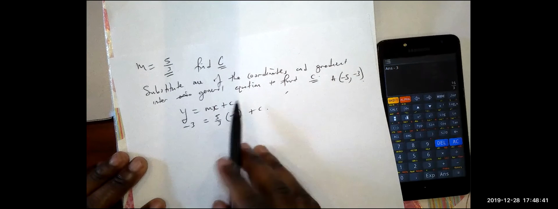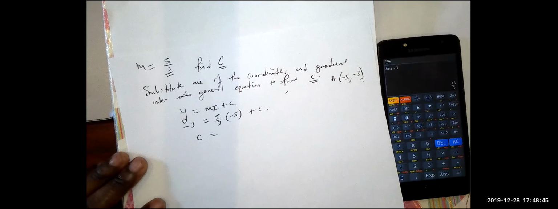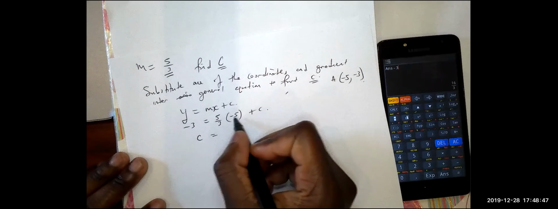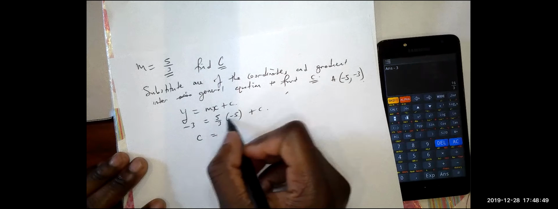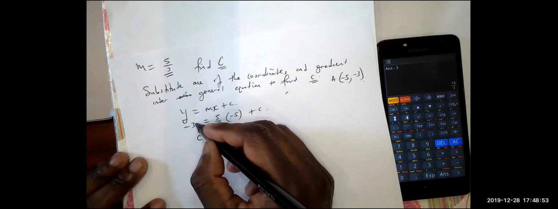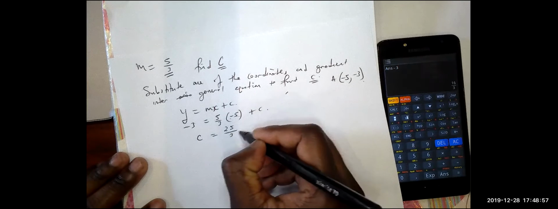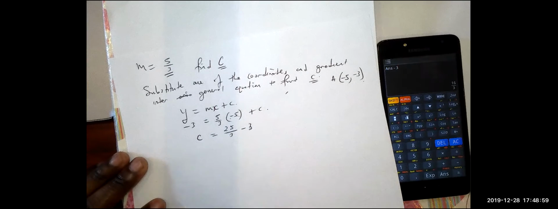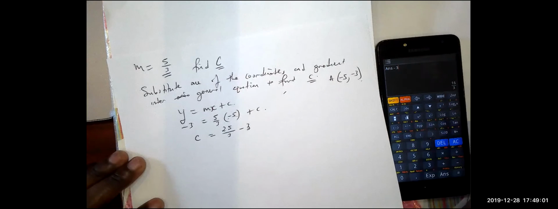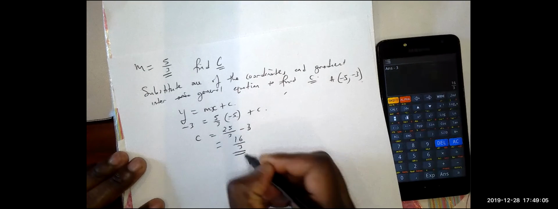Okay, then we take that one, that side, c is going to be, what is it? 25 here, negative 25 over 3. If you move that side, it's going to be positive 25 over 3 minus 3, okay? Then we get 16 over 3, that's what we get there.